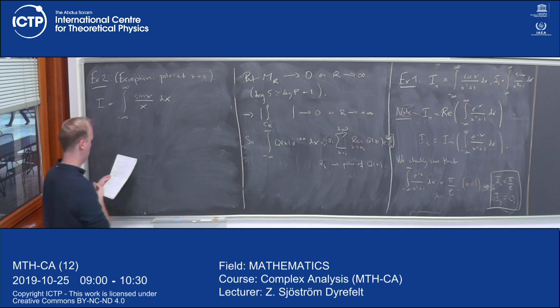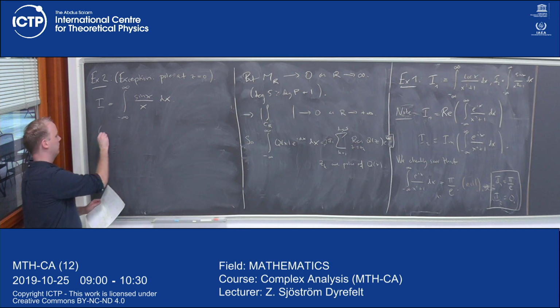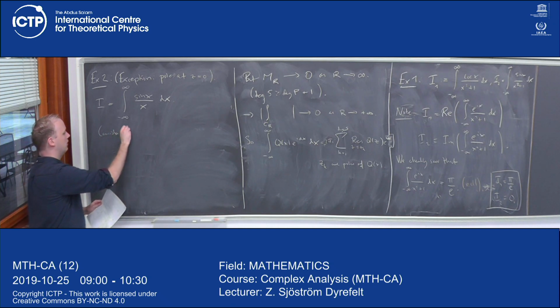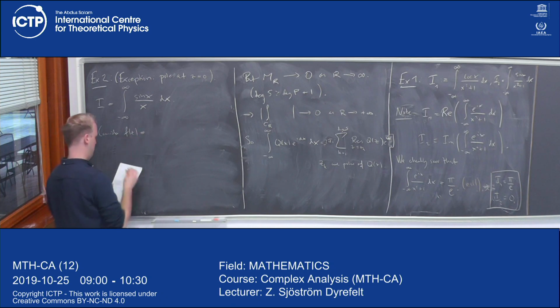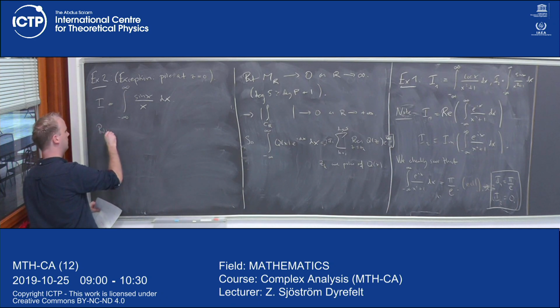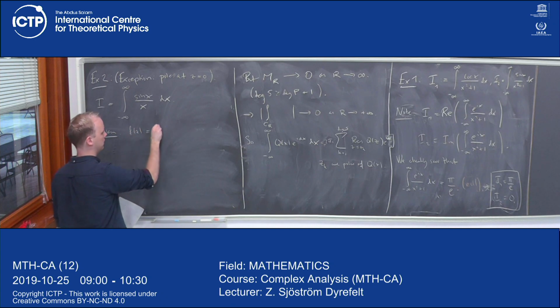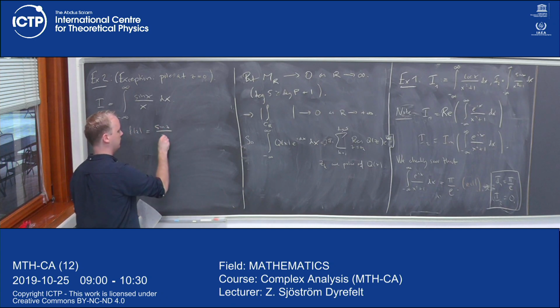So how do we do now? This doesn't quite fit our assumption because it has a simple pole. So you consider, of course, this. The problem is that this f of z, actually, that's not a pole.